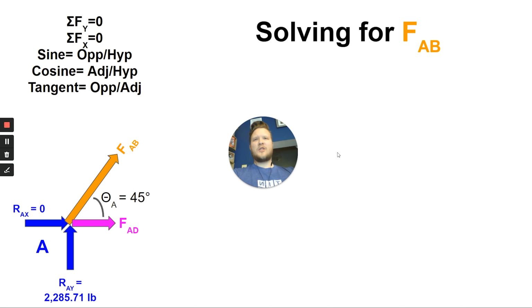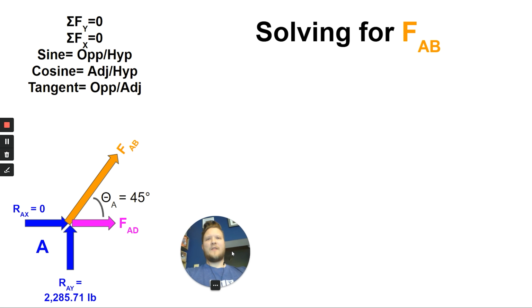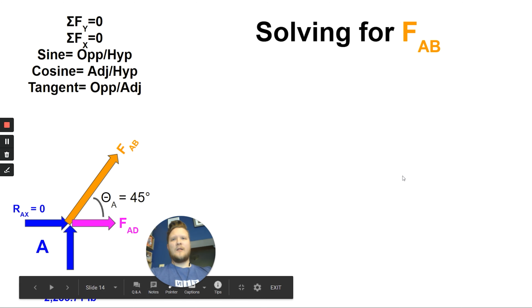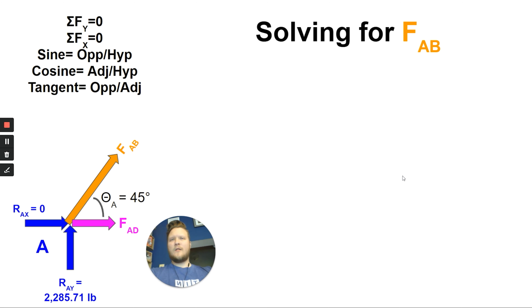We always want to start where there's the least amount of unknowns. Here, when we're solving for each joint's free body diagram, we don't get to use sum of the moments anymore. We only have sum of the forces in the y direction and sum of the forces in the x direction.